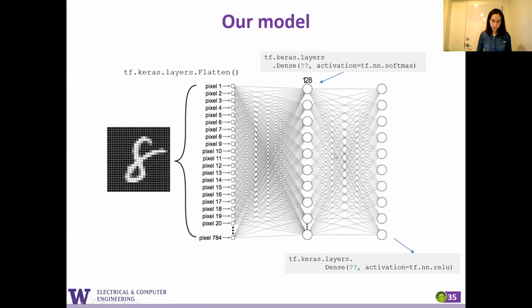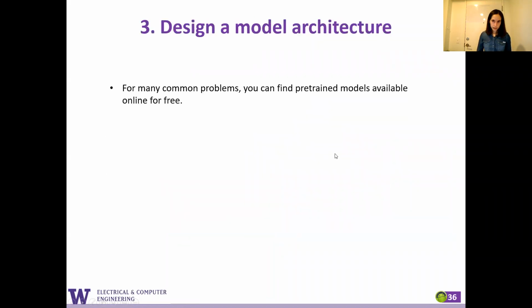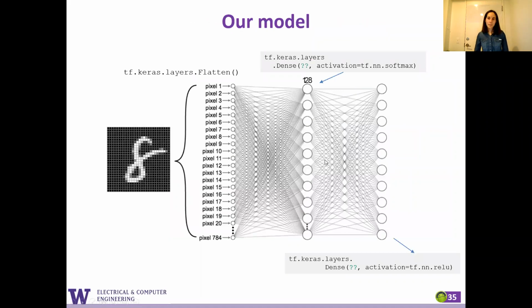So it's not yet for the activity. This is the model that we are going to do in the first part of the group activity. It has the input layer with all the pixel values.